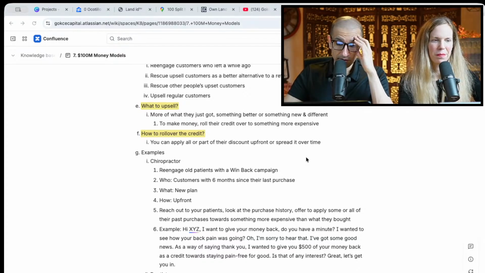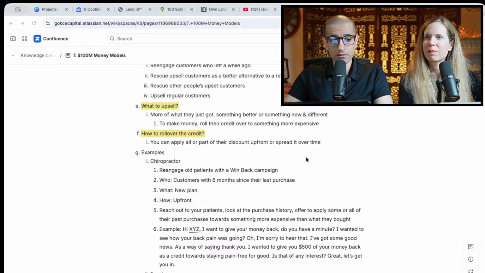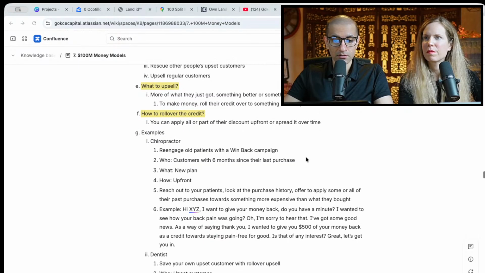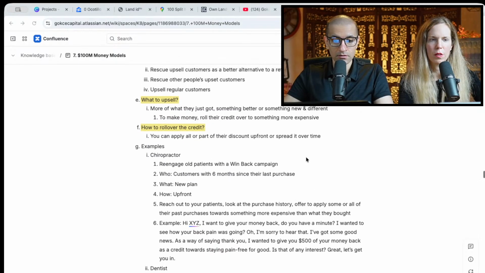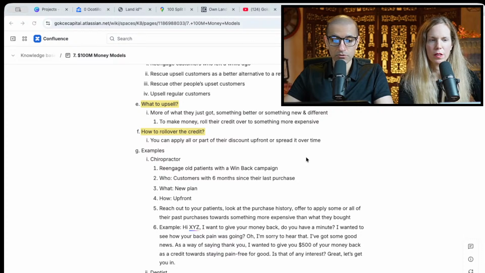So you can upsell more of what they just got, like more land, something better, something new and different. Maybe. Well, that would be like the membership or like a different state. Yeah. Right.